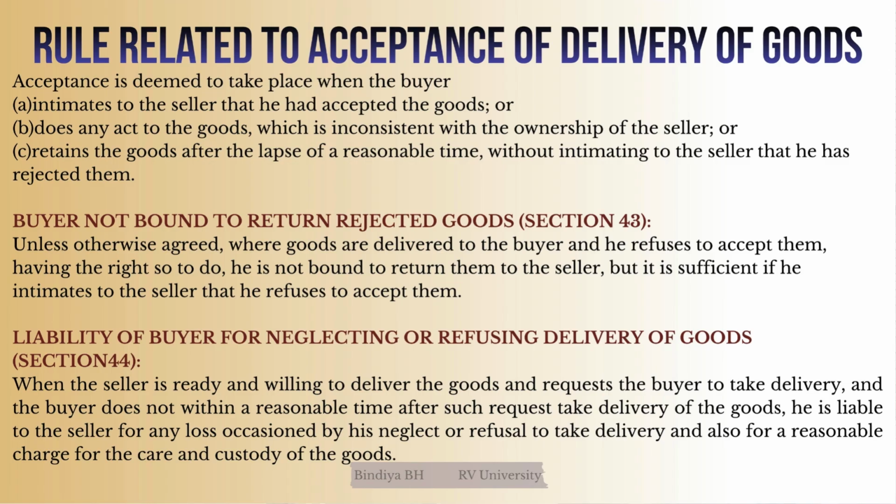Now let's deal with a very practical issue. What if the seller delivers more goods than what is ordered, or less goods than what is ordered, or maybe mixed goods? The law gives protection to the buyer.